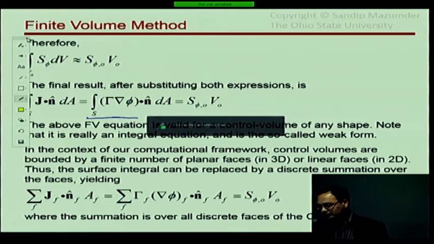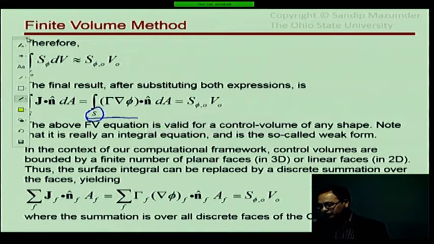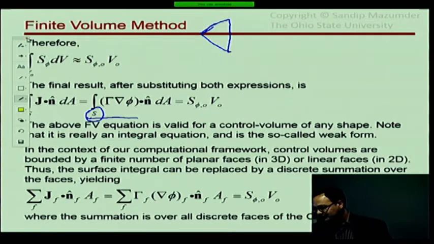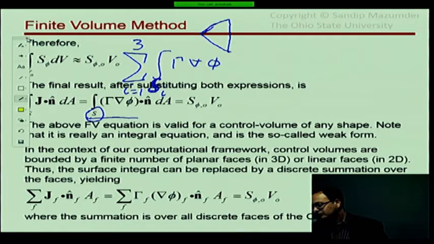Now this surface that we are talking about, suppose I have a control volume which looks like this triangle. This surface can be broken up into three faces, three segments, right? So this surface I can write as integral, so this is S, by the way, S I, and then gamma grad phi dot n dA.